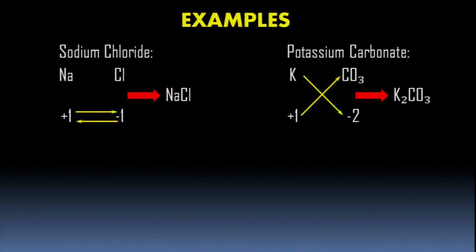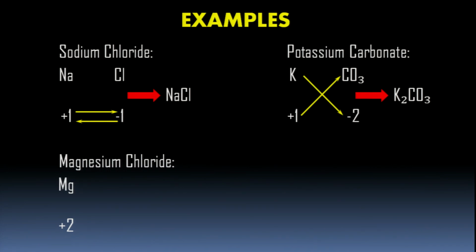Children, a question may arise in your mind: why not -2? These plus and minus signs are used just to denote whether they are anions or cations. You are not supposed to use the minus or plus sign while writing the formula. In the crisscross method, K has 2, so 2 is written with K and 1 is written with CO3.